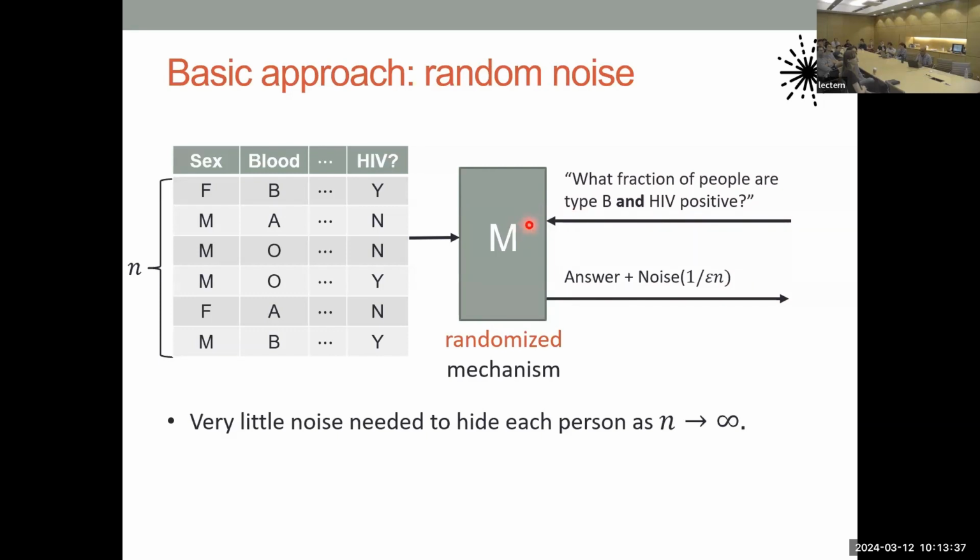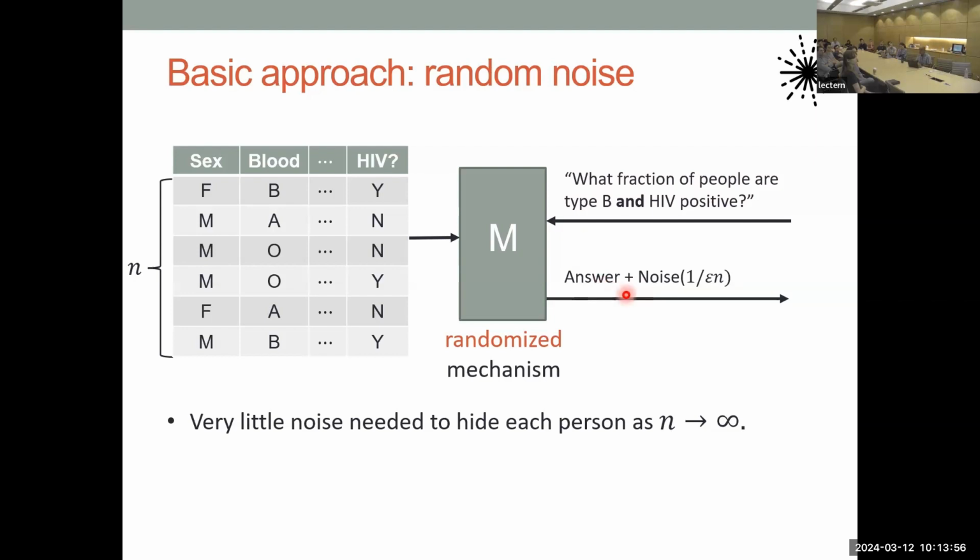Okay, and so a standard way to achieve differential privacy is just to take the true answer and add a small amount of random noise from an appropriate distribution to the true result.